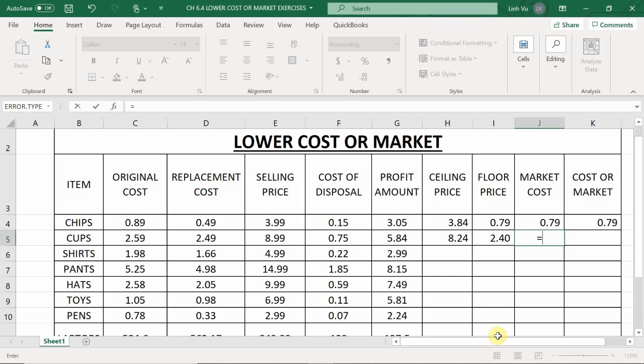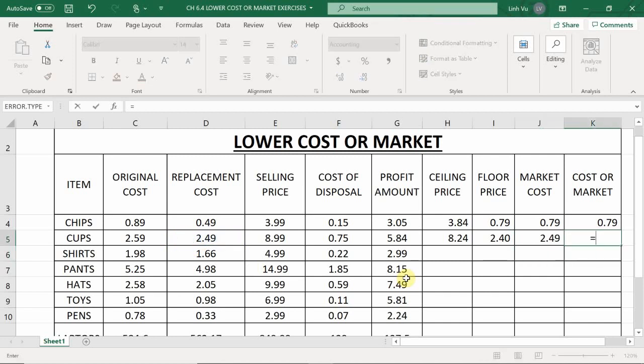We're looking for the one that's in the middle. Okay, so in this case, right, 8.24 is the highest. The lowest is 2.4 because 2.49 is greater than 2.4. So in this case, my replacement cost is going to become my market.